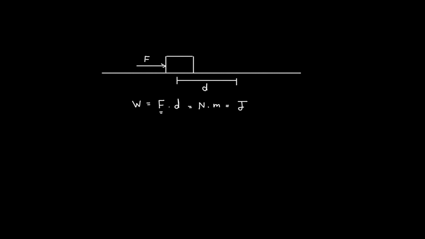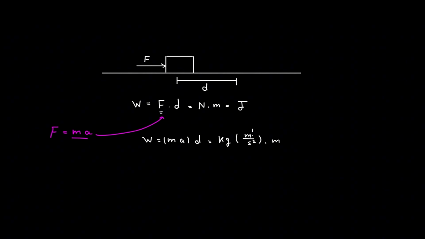We can derive this unit in another way. We know that force is mass times acceleration. I will take this and replace it here. So the work equals mass times acceleration, multiplied by distance. The unit of mass is kilogram, the unit of acceleration is meter per second squared, and here is meter.